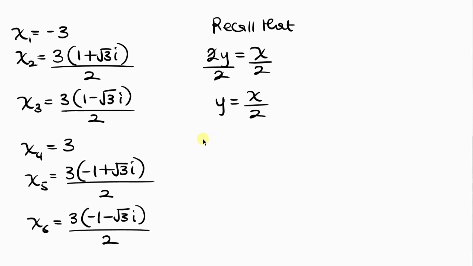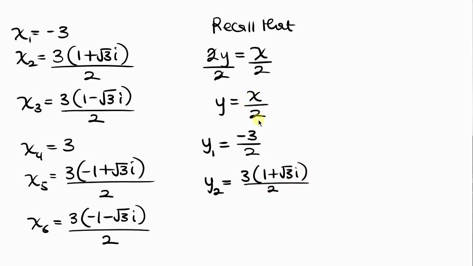Now we can use this to solve for all 6 solutions of y. So for the first one, y sub 1 is equal to, this is when x is negative 3. So this becomes negative 3 over 2. Now for the second solution, y sub 2, this is when x is equal to 3 times 1 plus root 3 times i, all over 2.